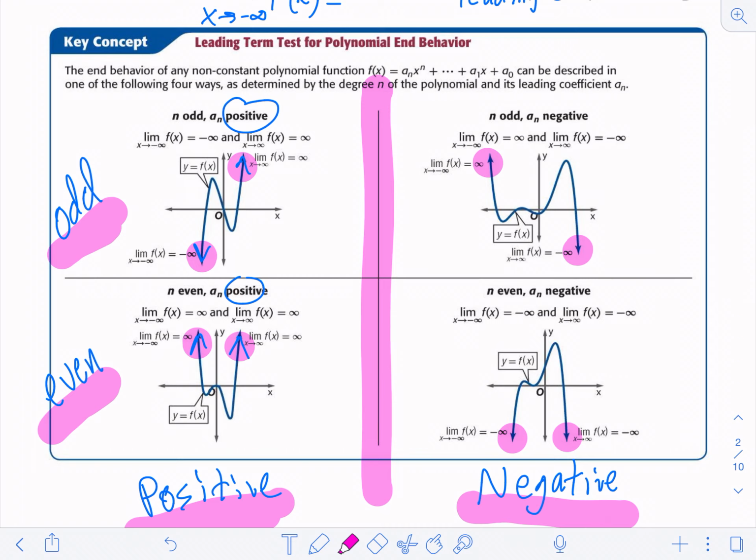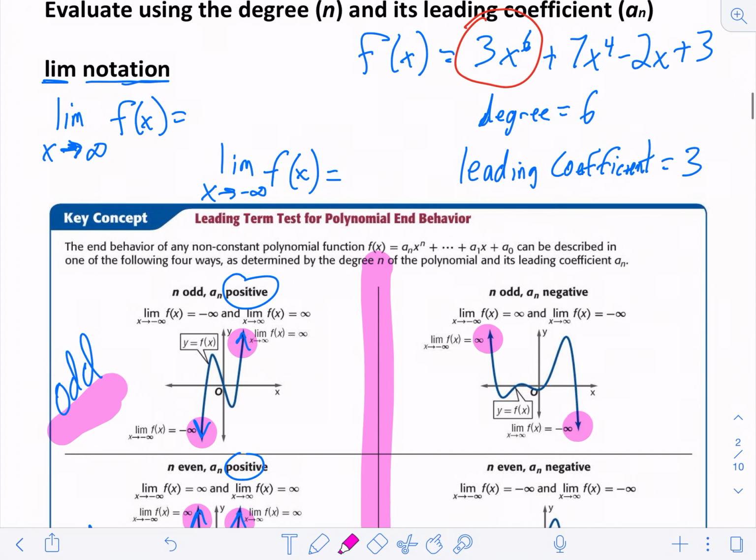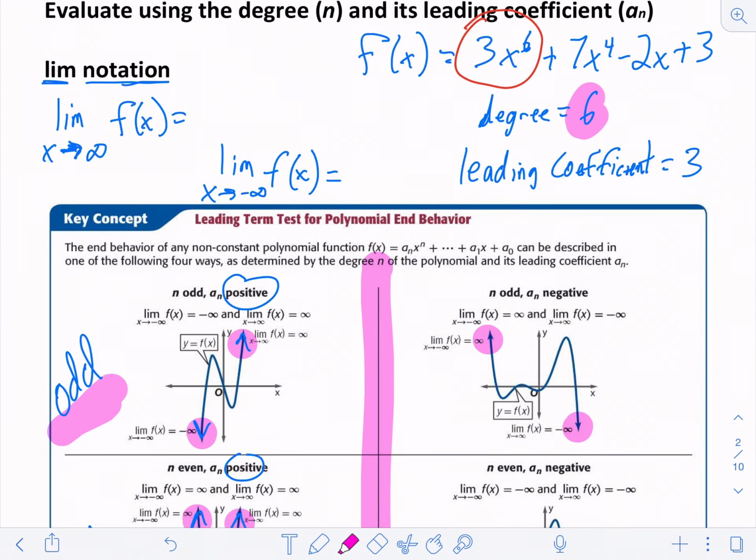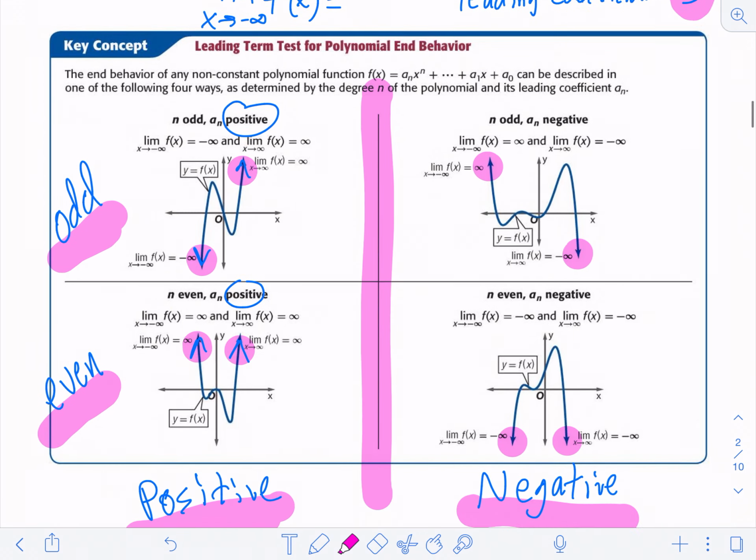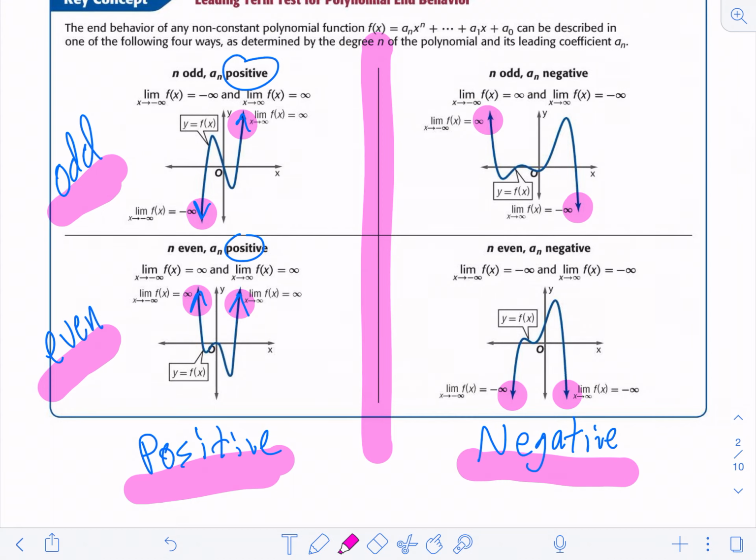Now, we can write this again, as I mentioned, using our limit notation. So in this case, we have a degree of 6, that's even, and a leading coefficient of 3, which is positive. So we're going to look at even and positive, which is this box right here. And we know that our end behavior is going to go up, or towards infinity, in both directions.